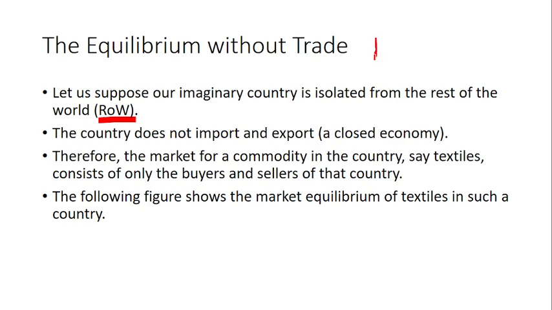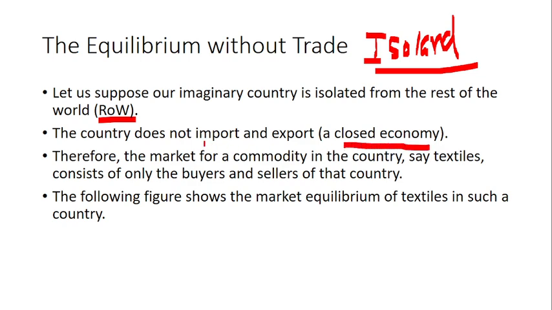So Gregory Mankiw, interestingly, has named this country Isoland. So our country's name is Isoland. This is called Isoland perhaps because it is isolated from the rest of the world. And our country is therefore a closed economy where there is no import and export.